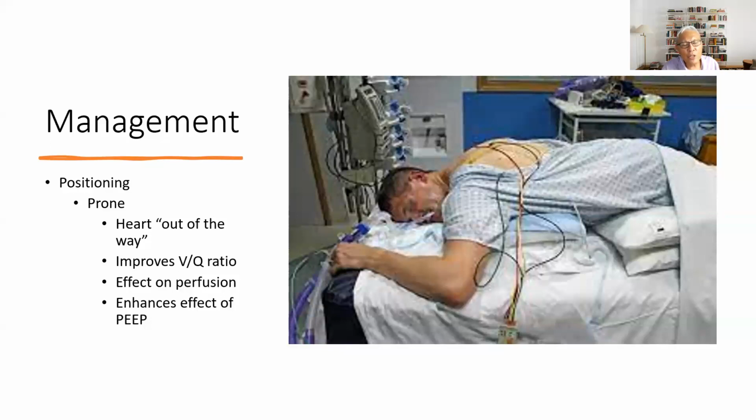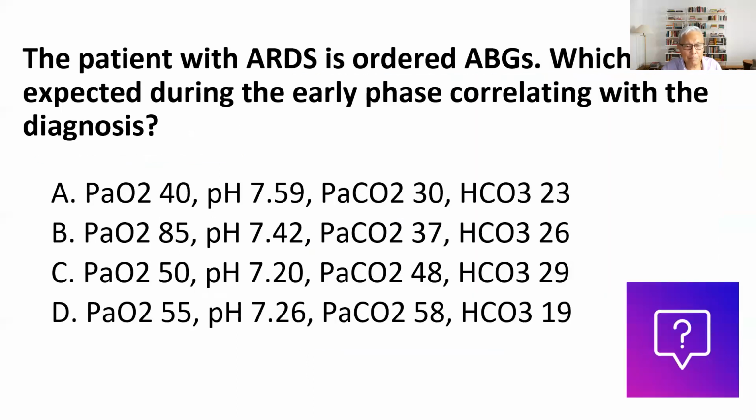And it also increases the effects of PEEP, or positive end expiratory pressure. So prone positioning is a very, very good thing. And I'm sure that you have done that in patients who had COVID during the COVID pandemic. All right. So let's take a look at this question.